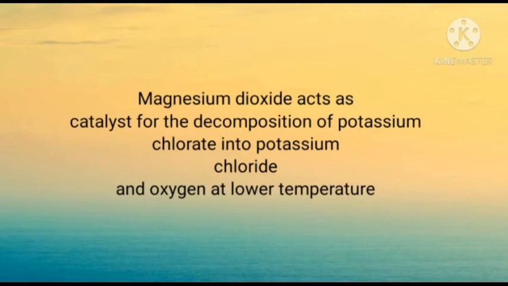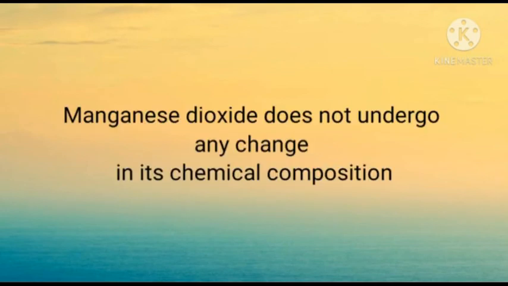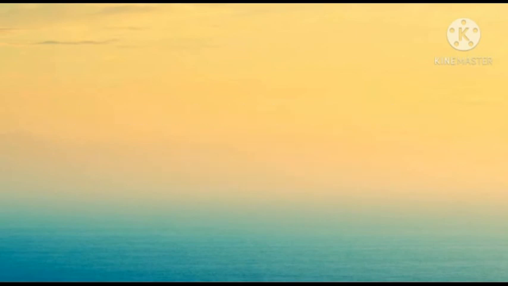For example, manganese dioxide acts as a catalyst for the decomposition of potassium chlorate into potassium chloride and oxygen at a lower temperature. Students, manganese dioxide does not undergo any change in its chemical composition.